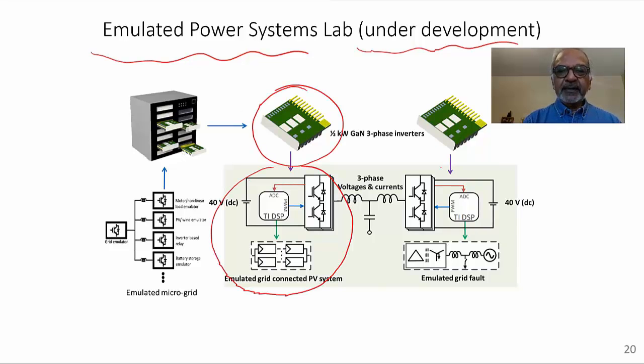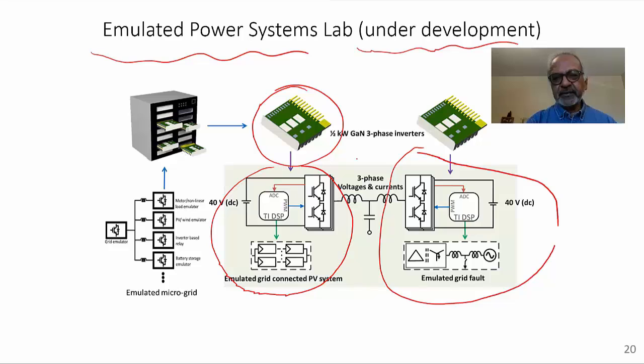Similarly, something else, for example, may be an emulated grid-connected PV system, and this could be some kind of power system grid over here, where power is being fed from the PV to the grid.